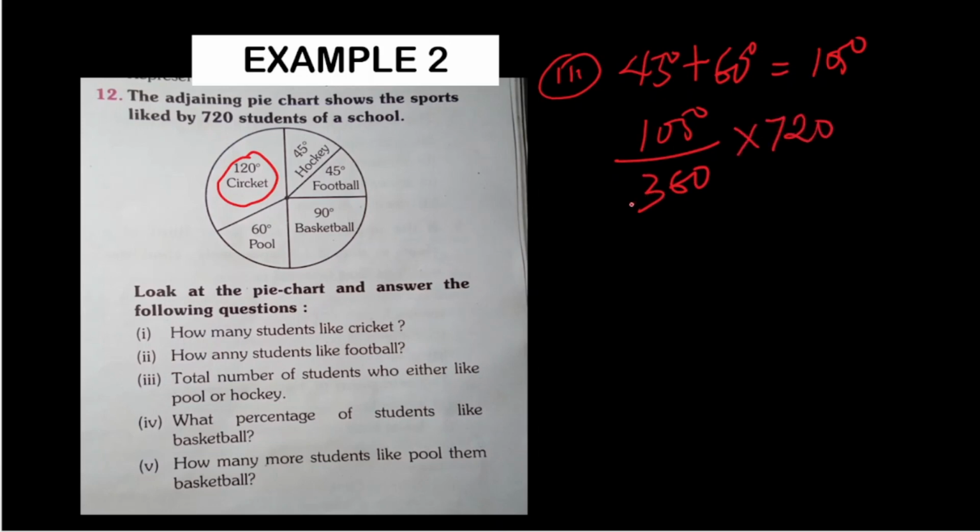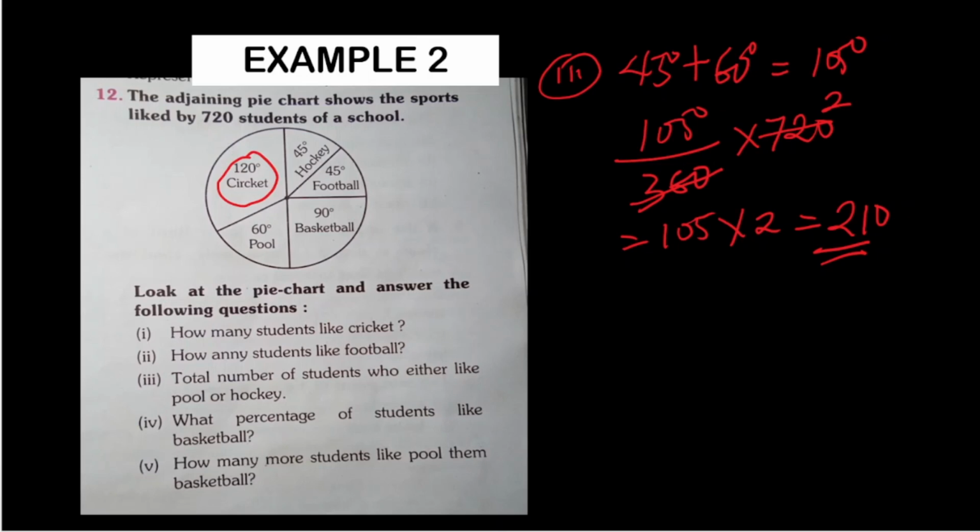So in this case, 360 here 1, 360 here 2. That means we have 105 times 2, which will give us 210 students, which is the same thing we got in the first method. So you just pick anyone that suits you before you move on.